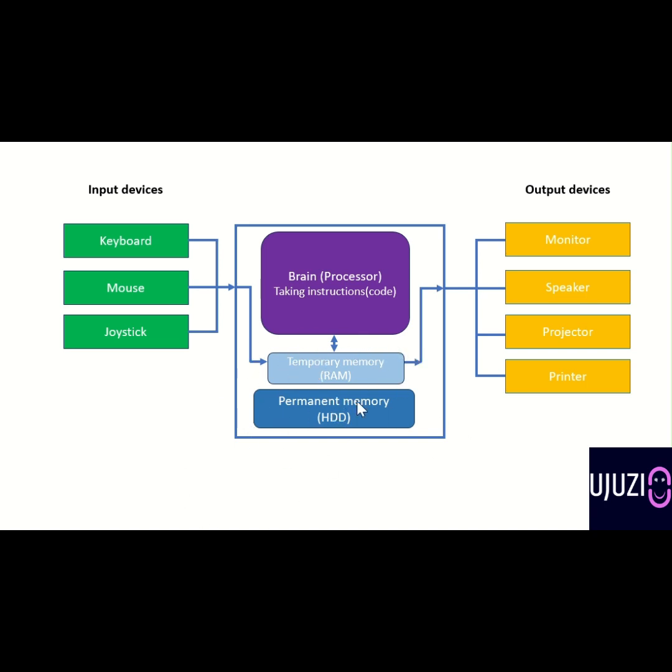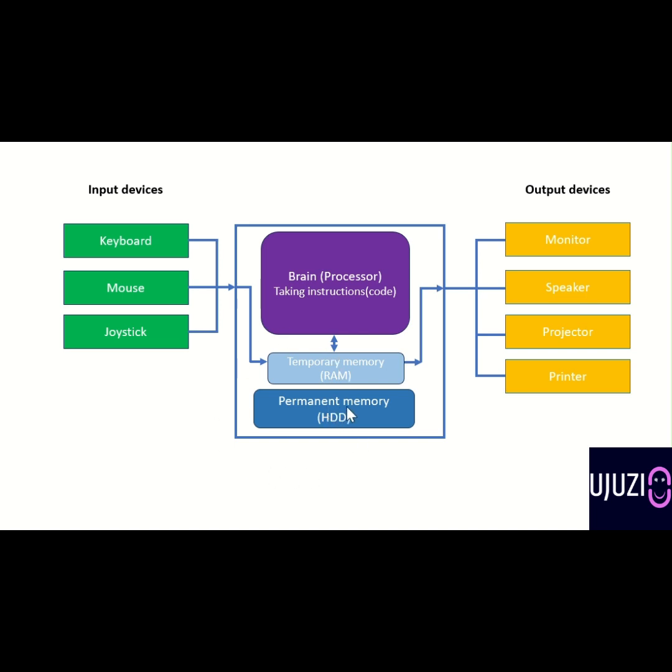Because with the temporary memory, when the power goes off, when we switch off the computer, everything within the temporary memory will be lost. So we have to save our work so that tomorrow, when we come to continue writing our book, we can retrieve the file that we had yesterday and continue writing.